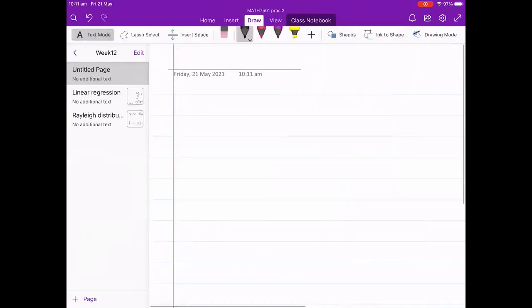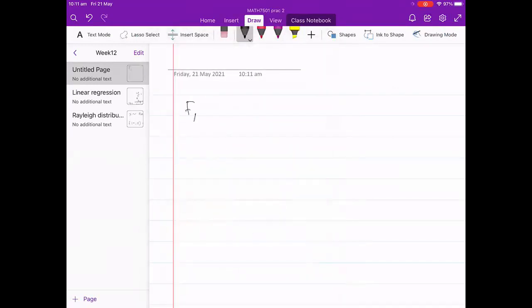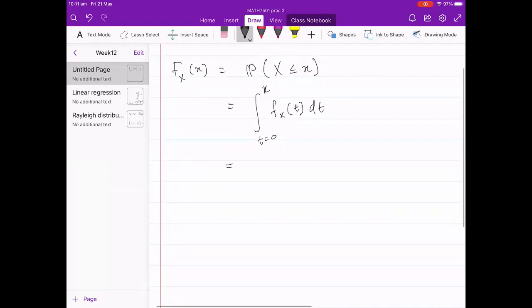So the CDF, which is F of x, is the probability of X less than or equal to a given value x, which is equal to the integral of your PDF f(t) dt from t equals 0 to x.